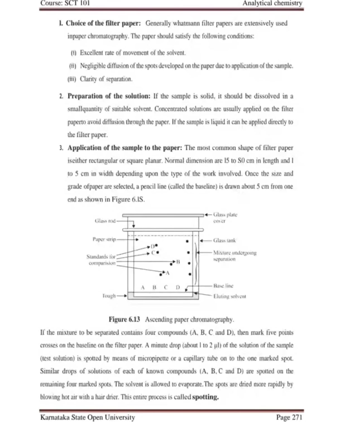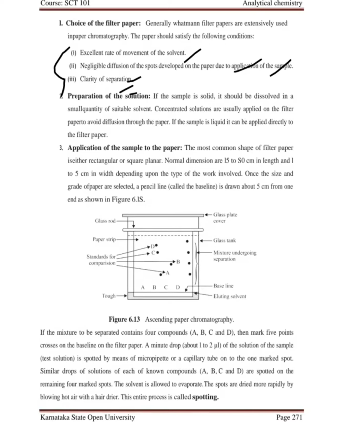And further, the choice of the filter paper: it should have an excellent rate of movement. These are the properties to look for when choosing a filter paper: negligible diffusion of the spot developed on the paper due to application of the samples, and clarity of the separation should be there while selecting the filter paper. These are the properties.